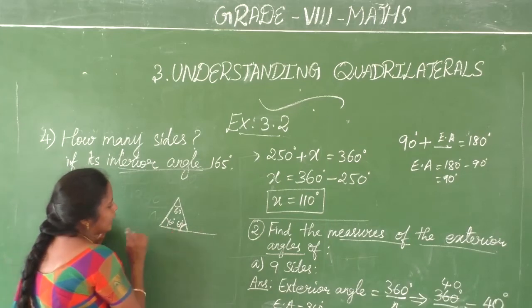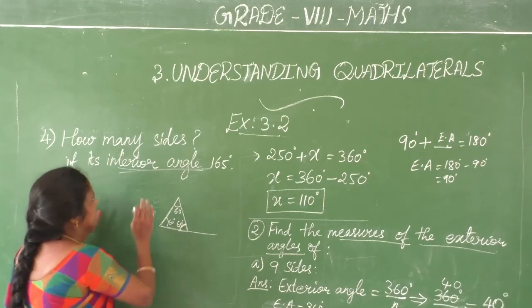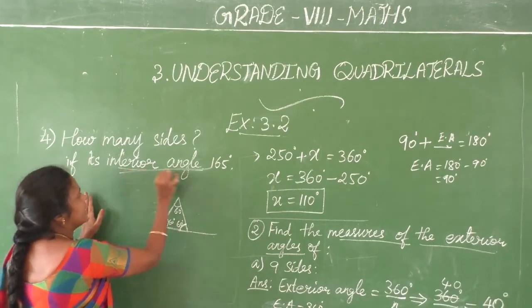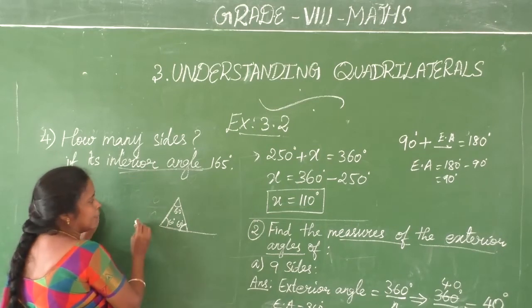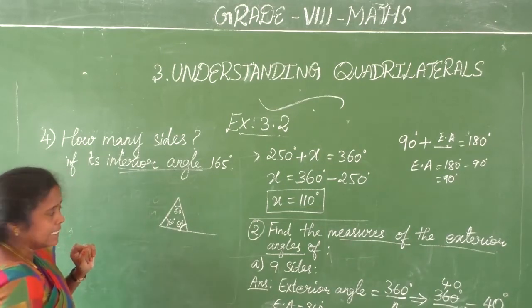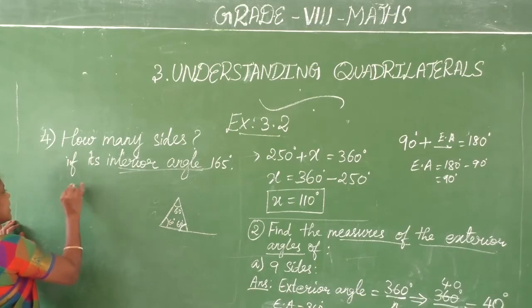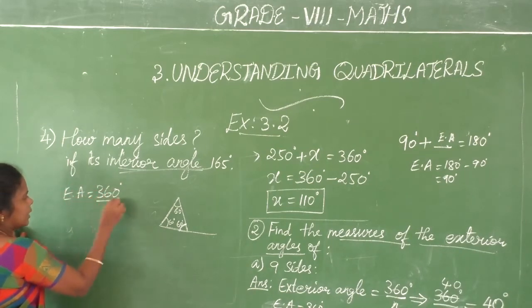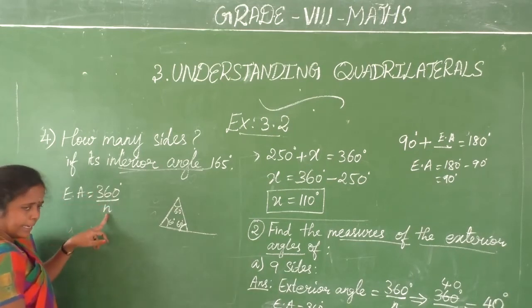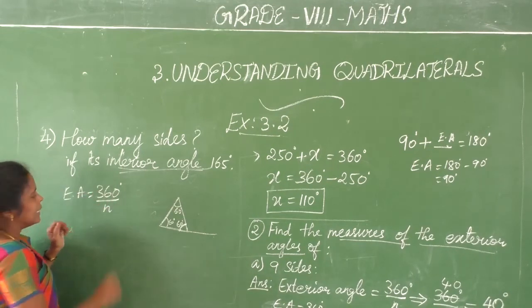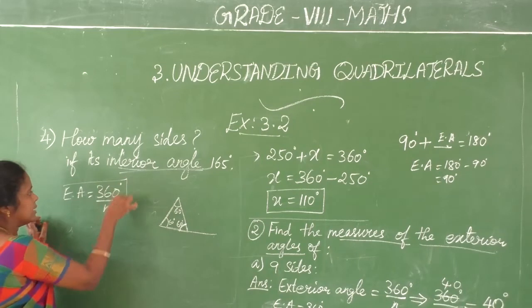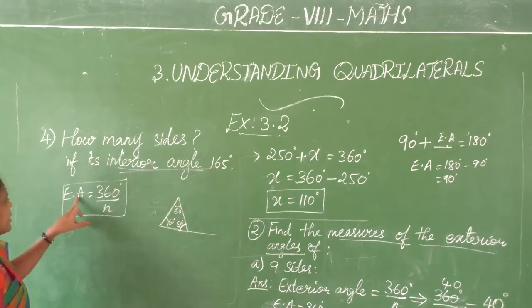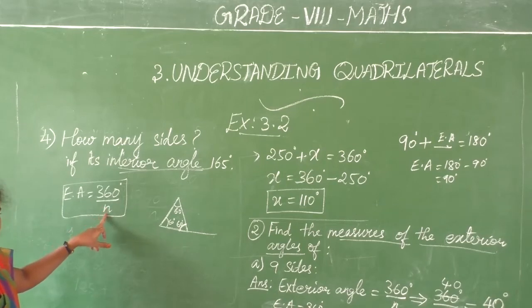Okay, why I have taken this concept here: for our question, the interior angle is given. But we know the result that when the exterior angle is given, using the formula 360 degrees by n, we can find the number of sides.